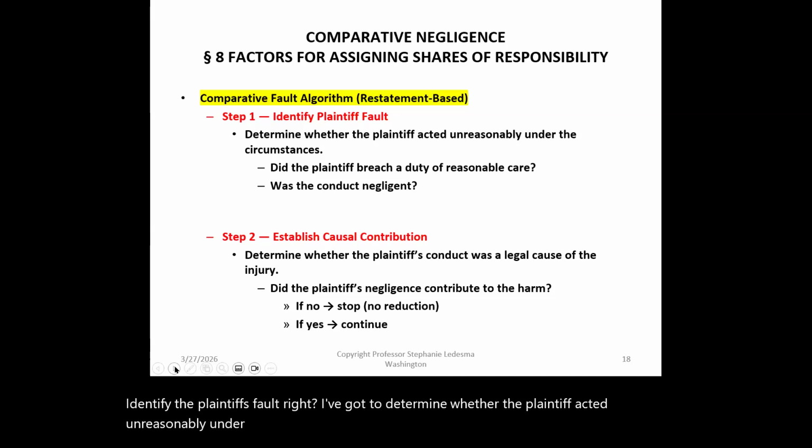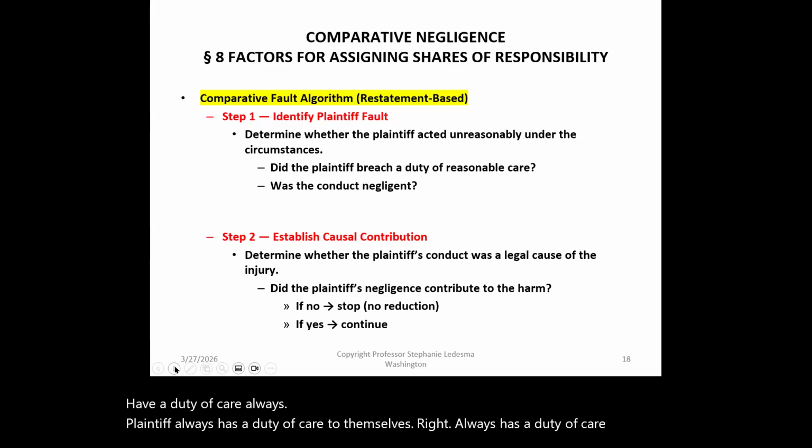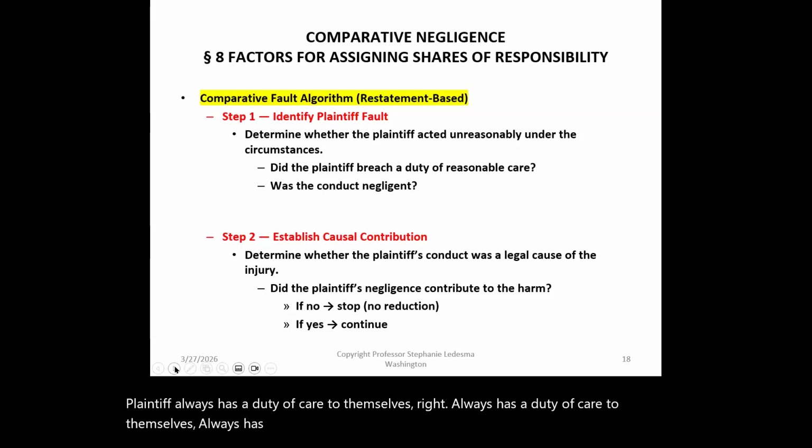Here's a question that you can ask to help your determination. Did the plaintiff have a duty of care? Always. Plaintiff always has a duty of care to themselves, right? Always has a duty of reasonable care.